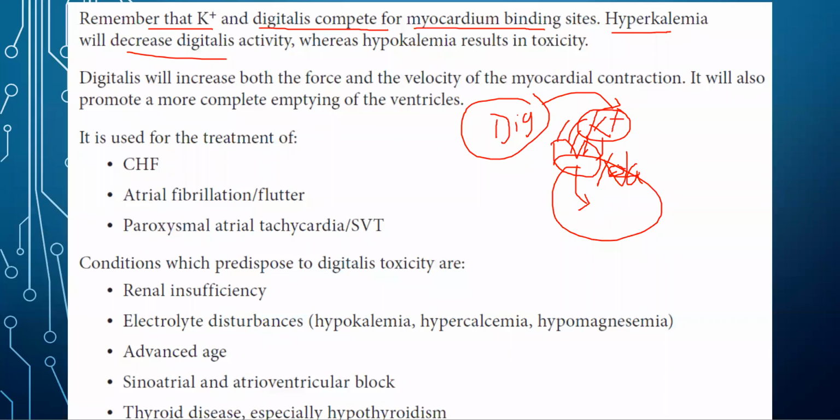On the contrary, if your body gets rid of potassium, so there is hypokalemia, that time digoxin will win the race and digoxin will bind more to the receptor and it will cause digoxin toxicity. So you have to remember this line: hypokalemia results in digoxin toxicity, hyperkalemia results in reduced digoxin activity.